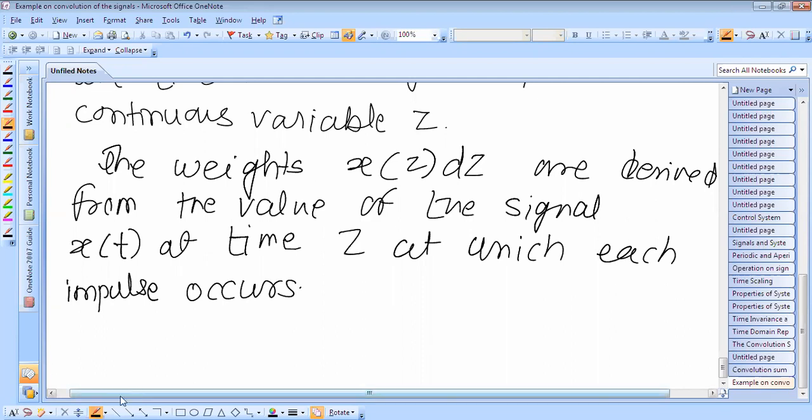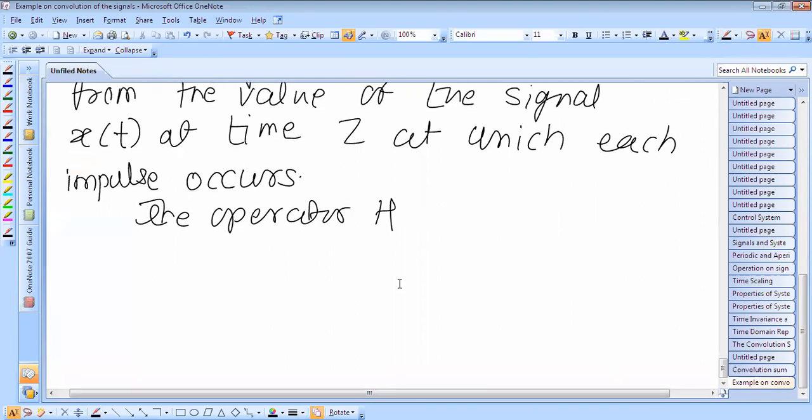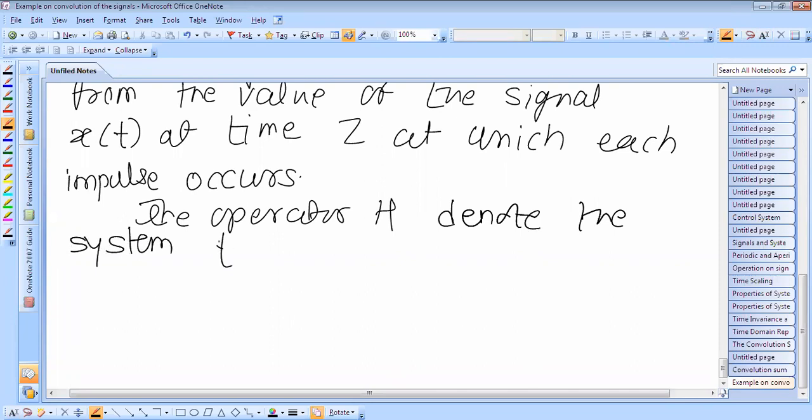Okay, so let the operator H denote the system to which the input x of t is applied.